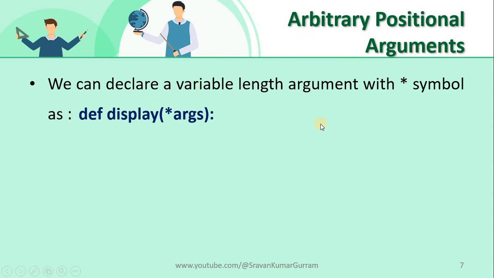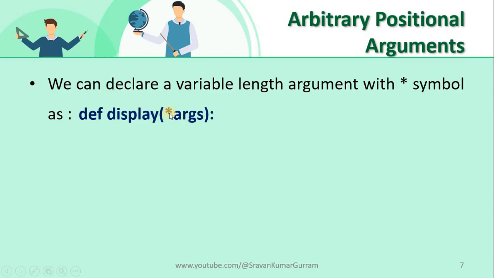Coming to arbitrary positional arguments, we can declare a variable length argument with the star symbol. See here, for example, my function name is display. I want to store n number of arguments. In such cases we use arbitrary positional arguments.